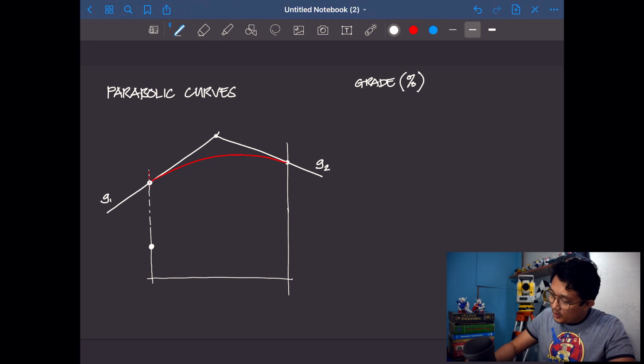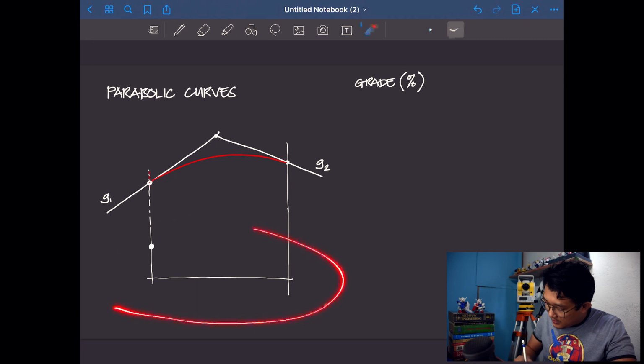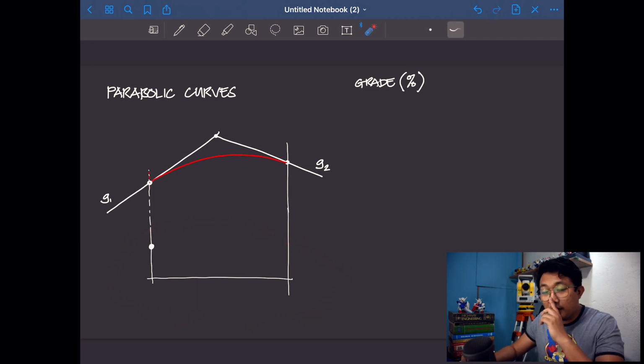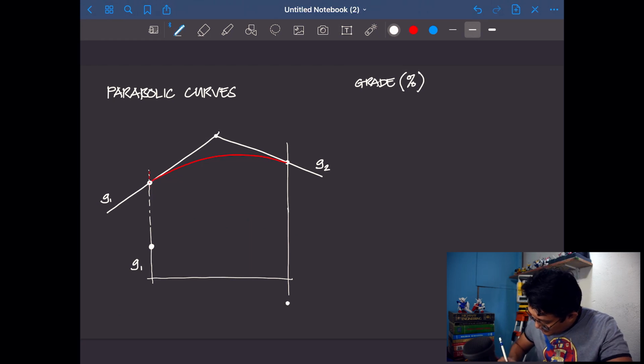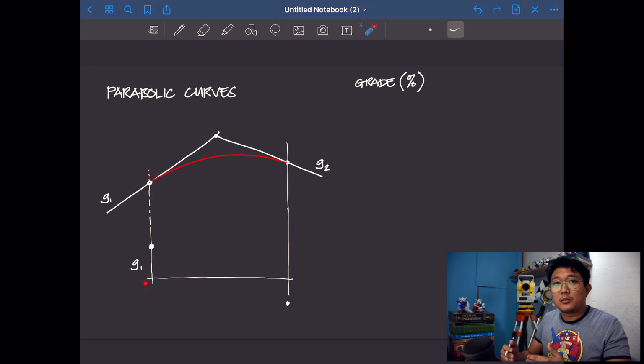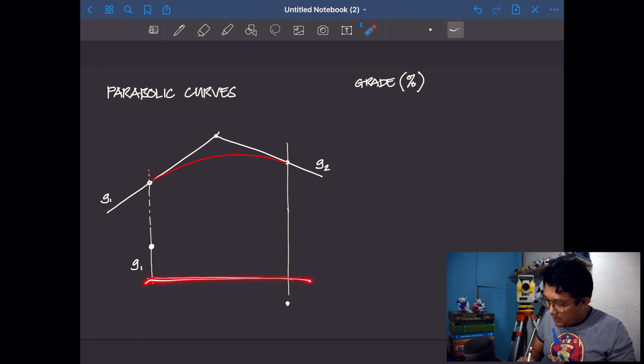Now, for this plot, take note, this area right here, we are trying to plot the change in slope. So we are plotting the values of the slope of your parabola. So at this point, this is G1, and of course, here, you will have G2. And you will notice, why is it below our line? Why is it below this line?